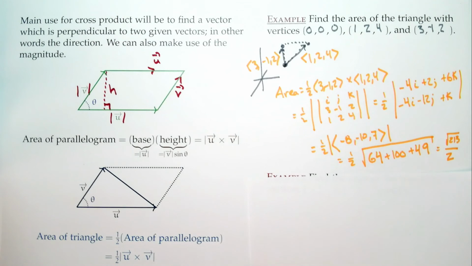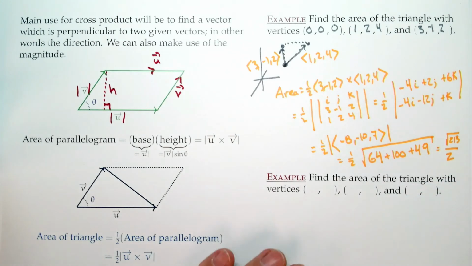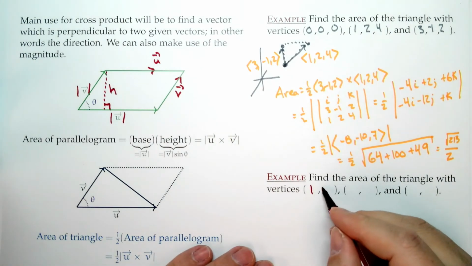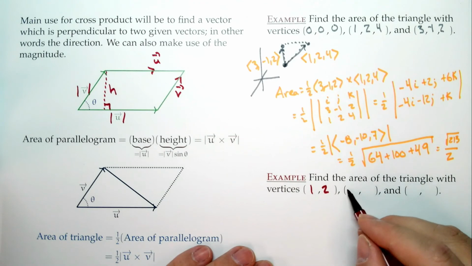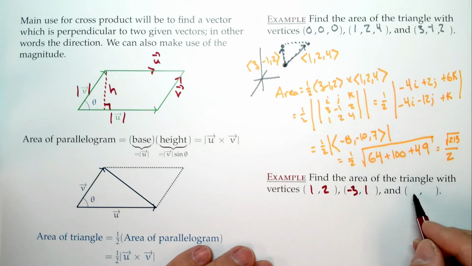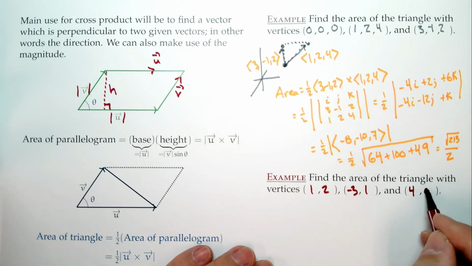Now, suppose we ask the following. Find the area of the triangle with vertices, but now we're not in 3 dimensions, we're in 2 dimensions. So you might say something like 1, 2, negative 3, 1, 4, 0.